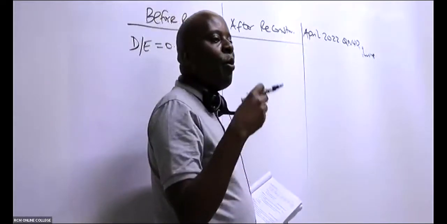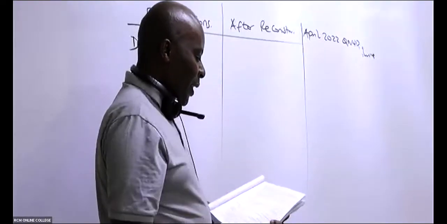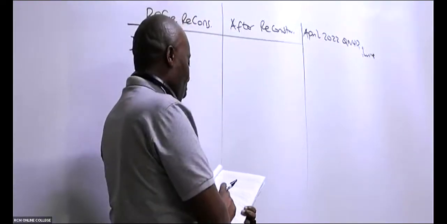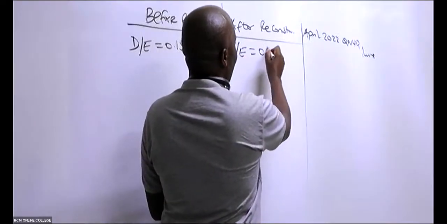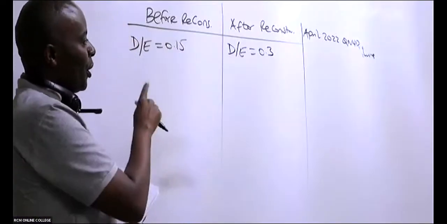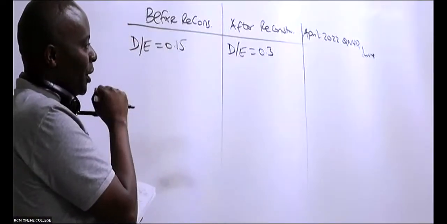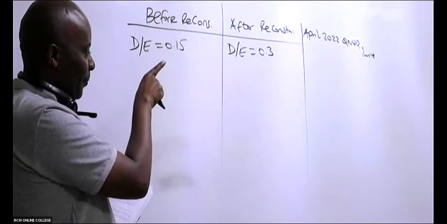And they intend to borrow more because you can see the new debt to equity ratio is increasing. You can see we are moving from 0.15 to 0.3. So it's important for us to be able to really know this. The reconstruction is about taking more debt.